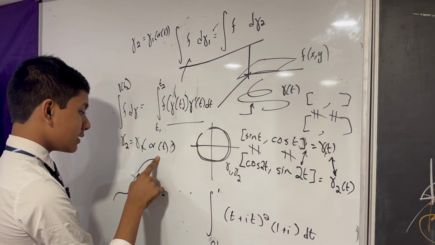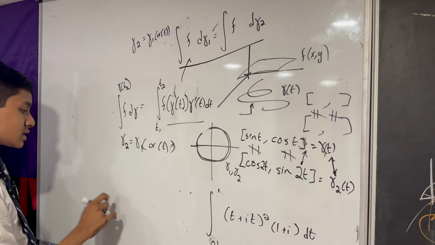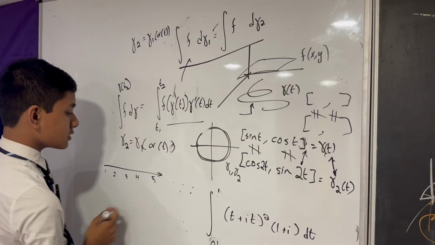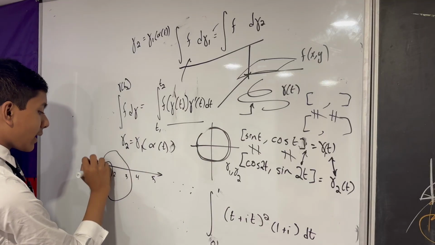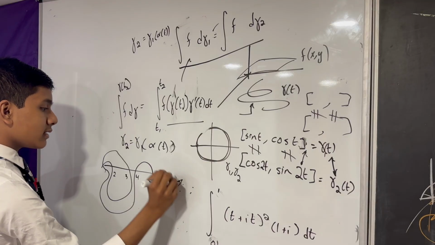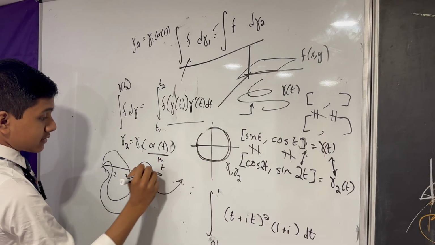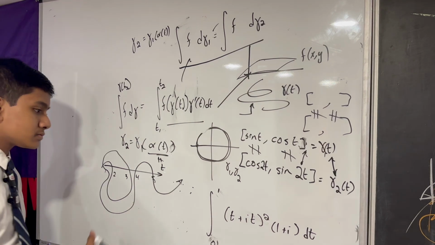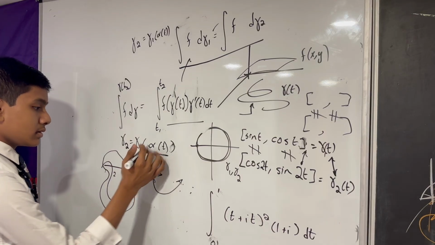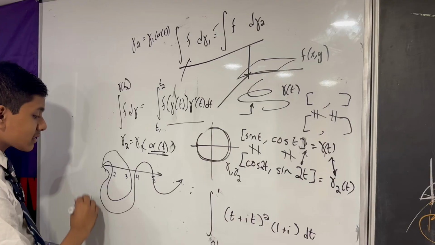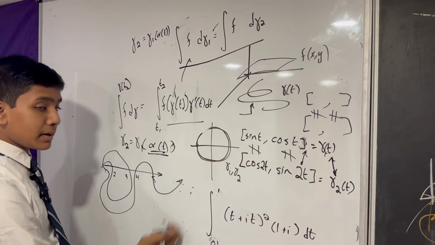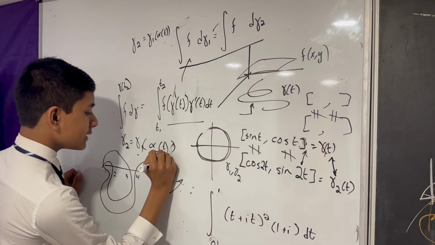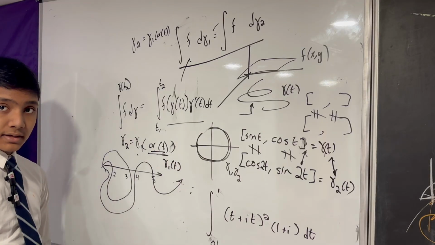So essentially, the original just walks up straightforwardly through t equals 1, 2, 3, 4, 5, and so on. This one takes a very different path. But at the end of the day, since alpha of t is not equal to t most of the time, if it was, then gamma 1 and gamma 2 would be parameterized the exact same way. Most of the time, this takes a much different path to get to each of the t values, but in the end, since it covers all of the t values, it covers all of the points that gamma 1 of t does anyway, and so they end up the same.